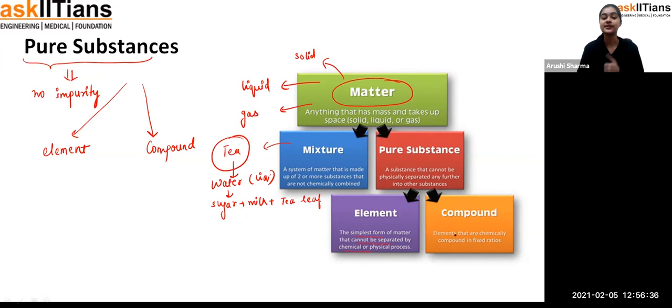For example, students, if I talk about copper wire, in that copper wire there is only copper and copper.